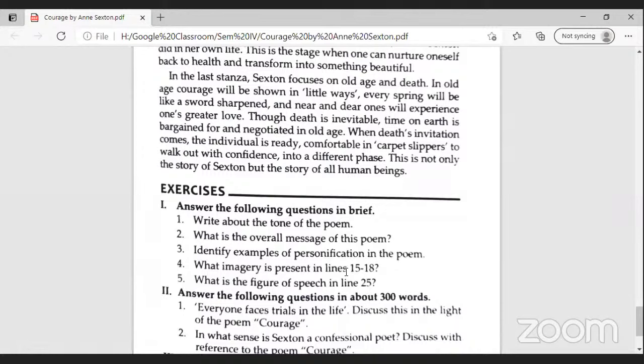When death's invitation comes, the individual is ready, comfortable in carpet slippers, to walk out with confidence into a different phase. This is not only the story of Sexton, but the story of all human beings.